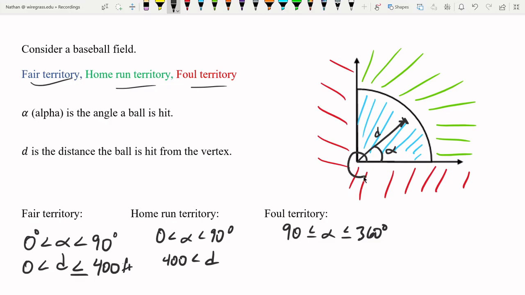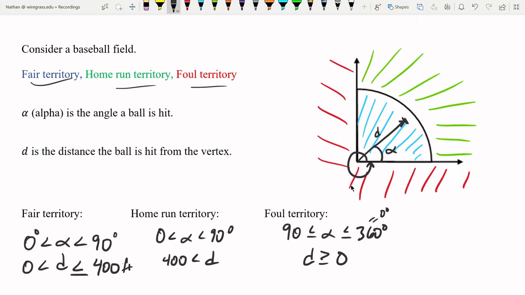It goes all the way back around, and it's on the foul line. So this is actually equal to 0 degrees. And so I don't have to worry about excluding 0 because 360 does equal 0. And then we're going to say it can be any distance greater than or equal to 0. That's going to include right there on the spot if the ball didn't move at all. We're going to say that is a foul ball because it's on this vertex.